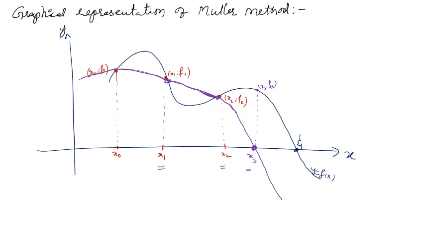How to join them is your choice. Let me draw the curve in this pattern. This is the next approximate root, x4. Now the next roots are x2, x3 and x4. Like that you have to continue. This is Muller method.